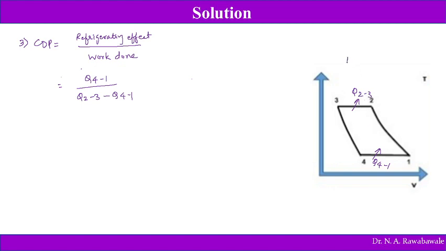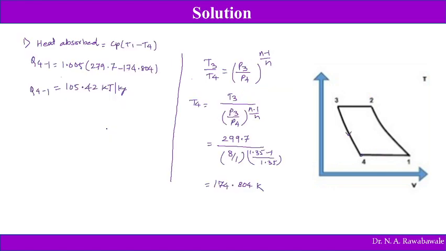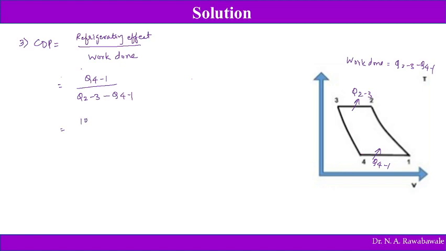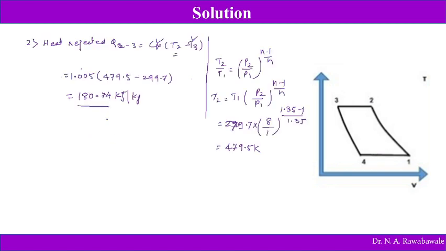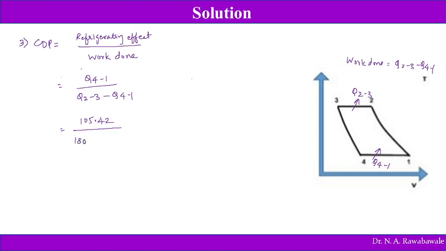So work done is given by Q23 minus Q41. Here Q41 we calculated as 105.42, so 105.42 divided by Q23, which is 180.74, minus Q41, which is 105.42.